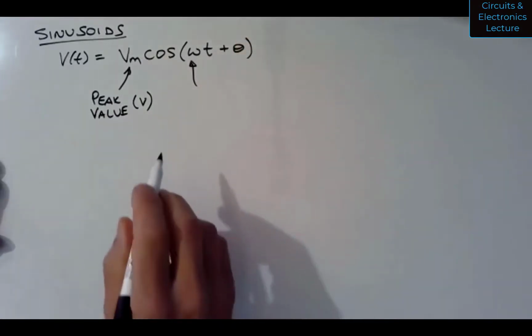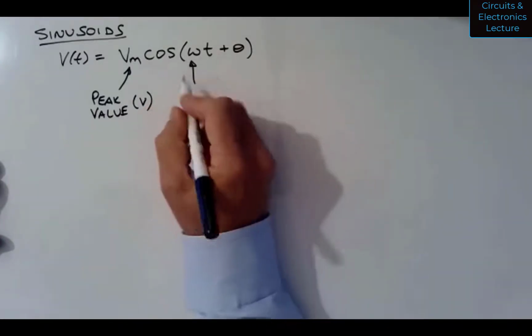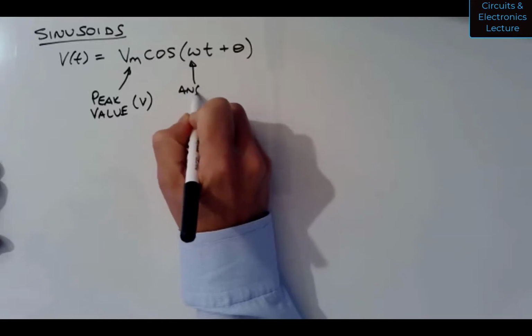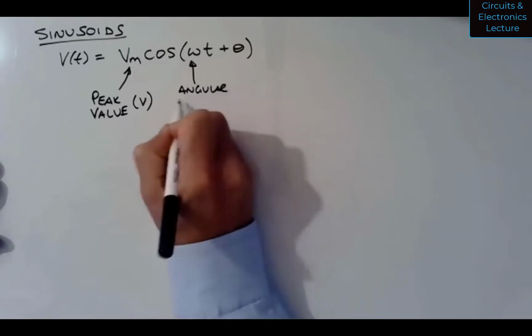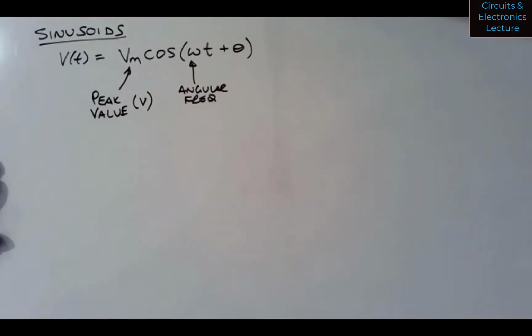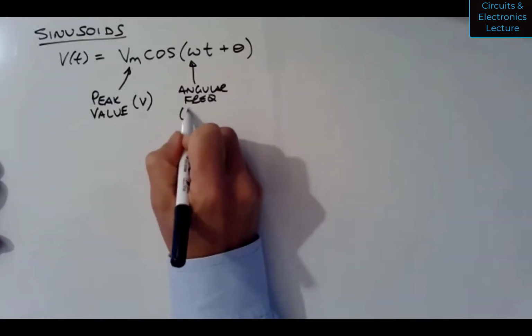Omega is a frequency term, and we're going to call that the angular frequency. That term is in radians per second.